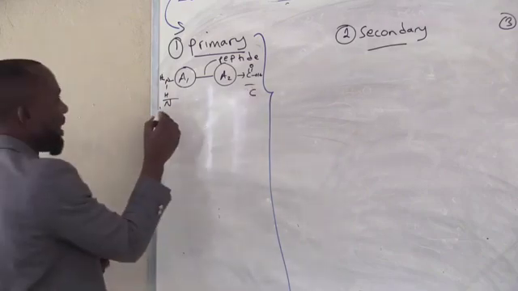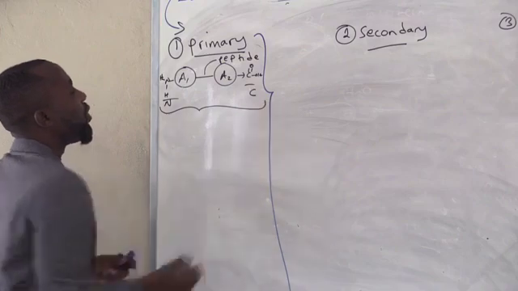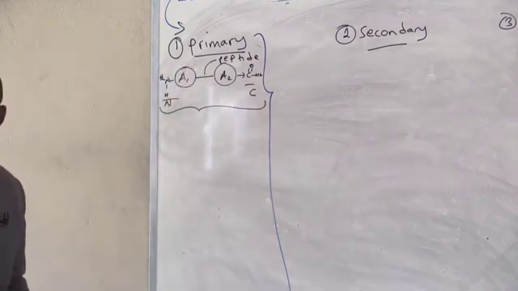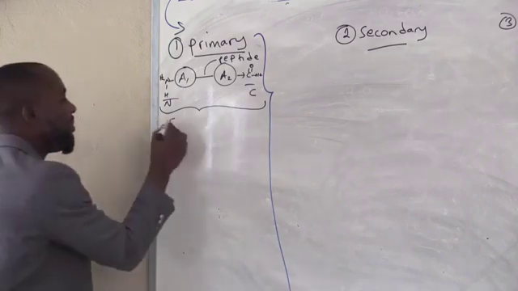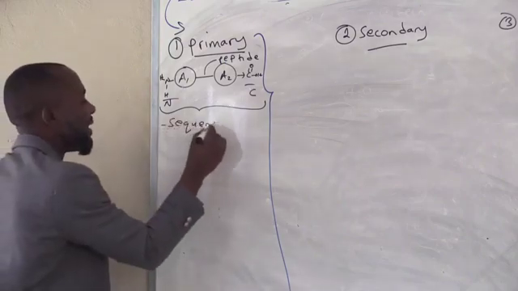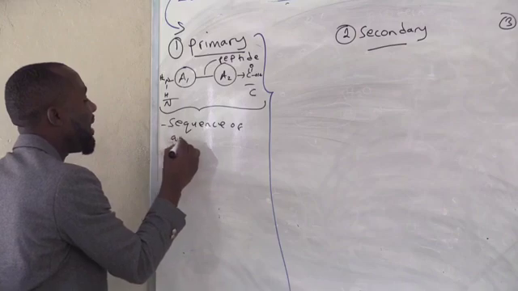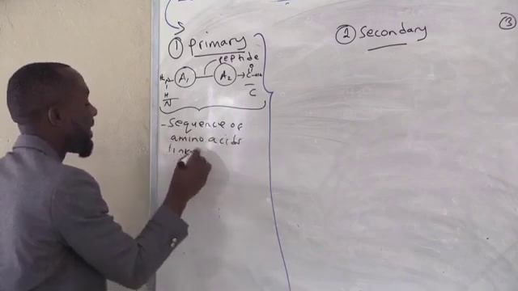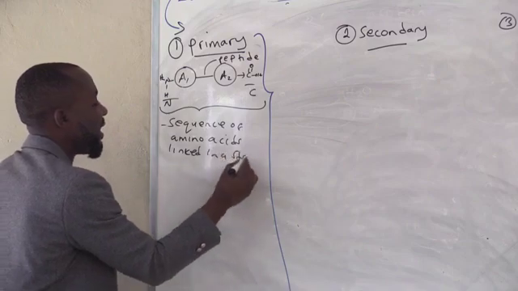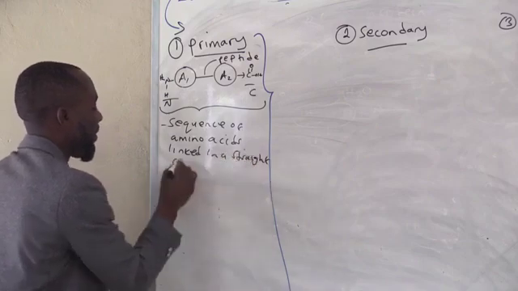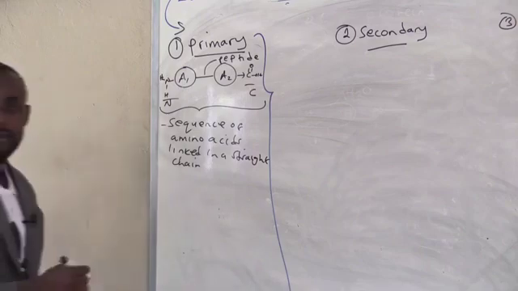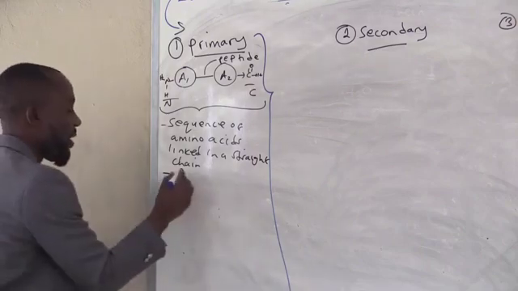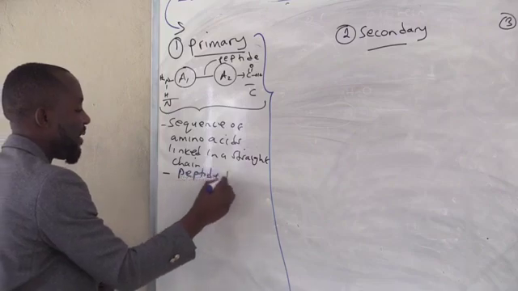So, having said that, let me explain to you what a primary structure is. A primary structure of a protein is simply a sequence of amino acids linked in a straight chain. And what links them is the type of bond that we call a peptide bond.